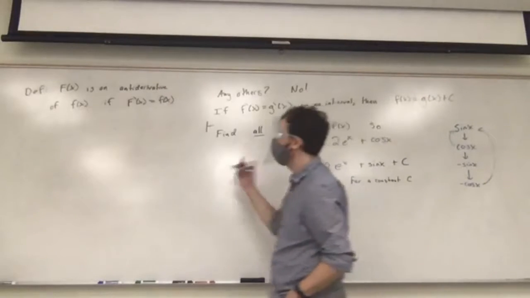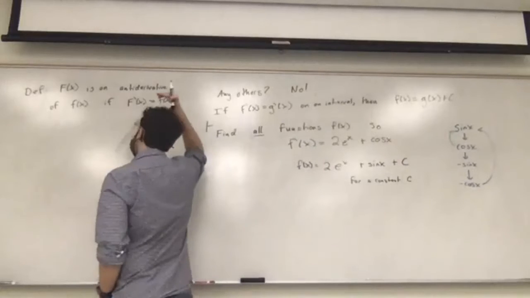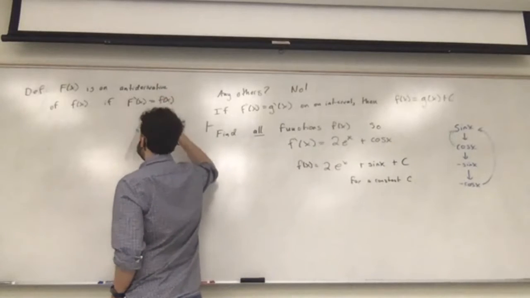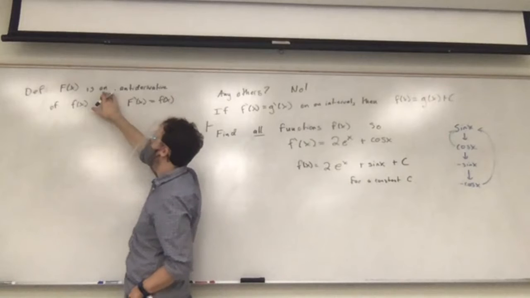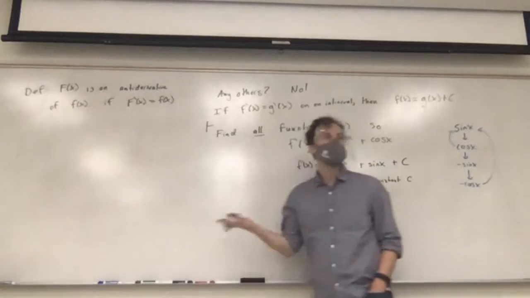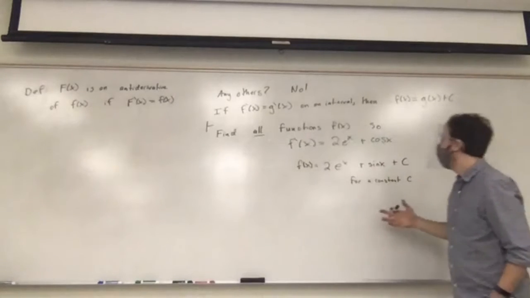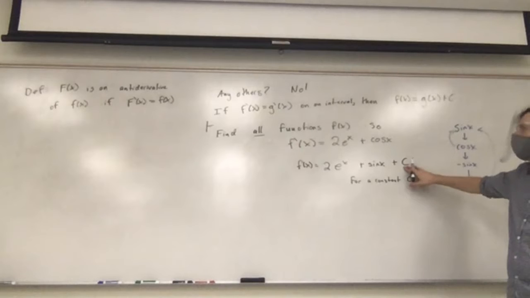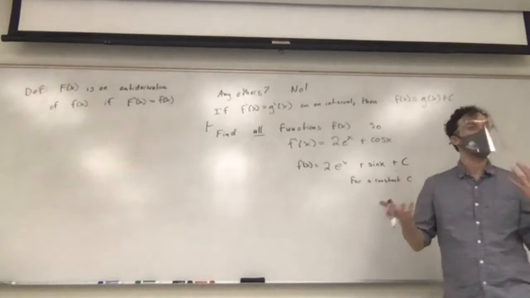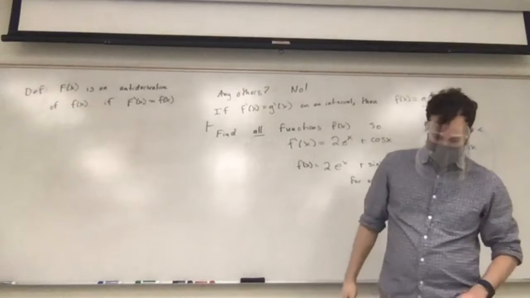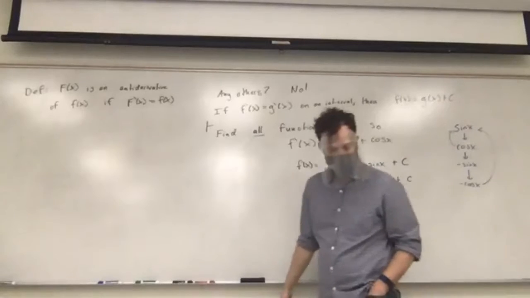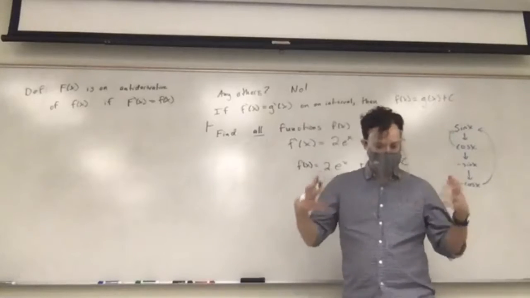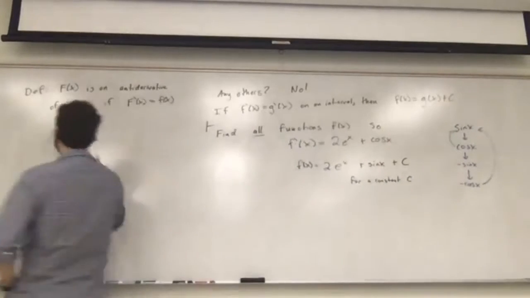A word in here which is small but does mean a little something is the word "an," meaning you can have more than one antiderivative. And that's because different choices of constants give you different antiderivatives. So there could be a lot of antiderivatives, but because they all basically look the same, we try to lump them into one idea.